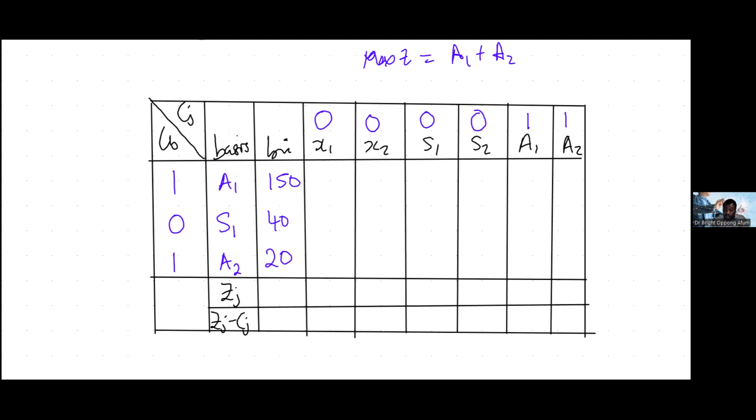that will be 1, 1. S1 is not there, it was 0. S2 is 0. A1 was there, so it will be 1. A2 is 0. The second one, X1 was available. There is no X2. There was S1.